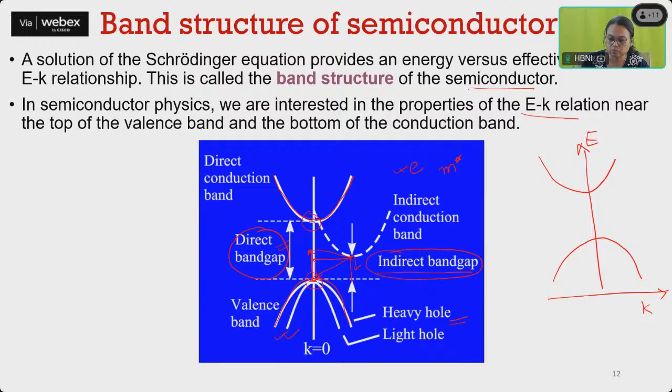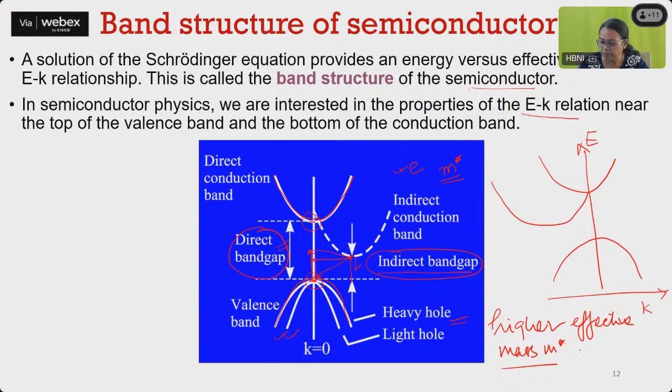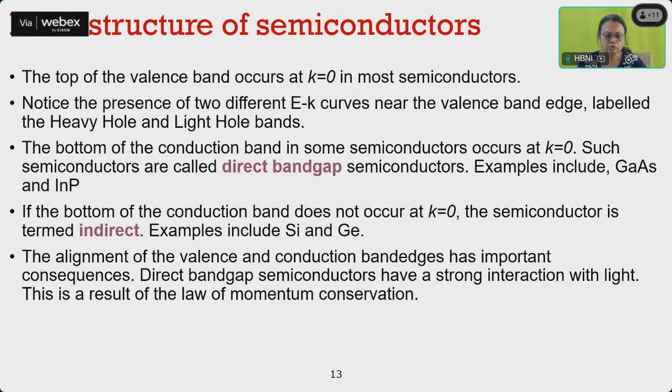If we have got more curvature, we will call it higher effective mass. And when the curvature is less, it has a lighter hole or lighter electron effective mass. How will it be translated into the properties of the semiconductor? We'll be coming to that.